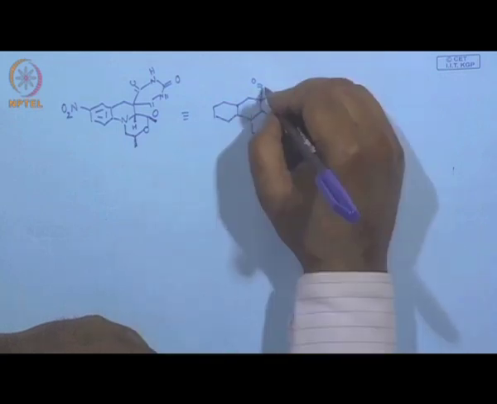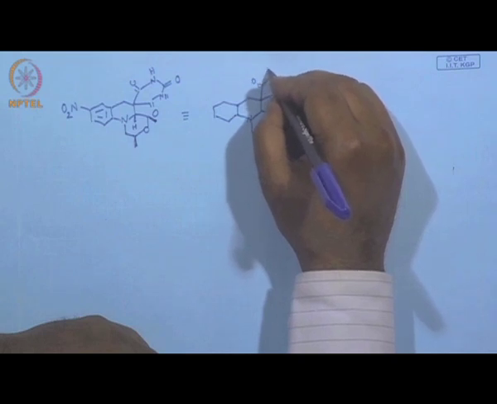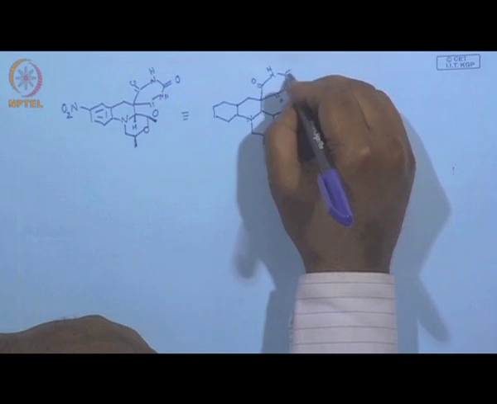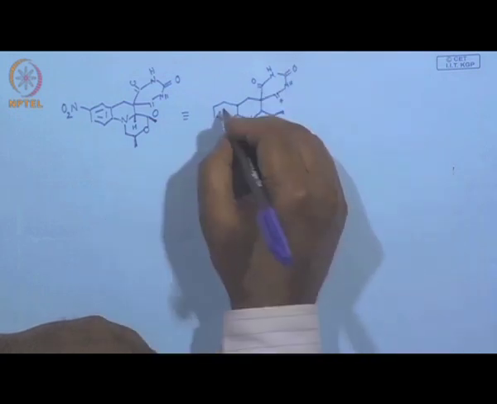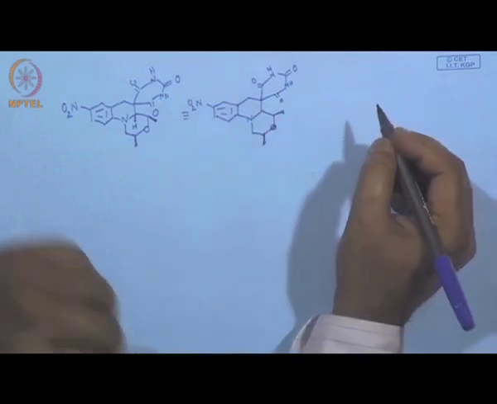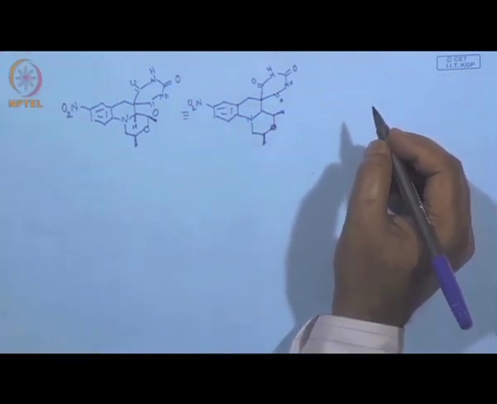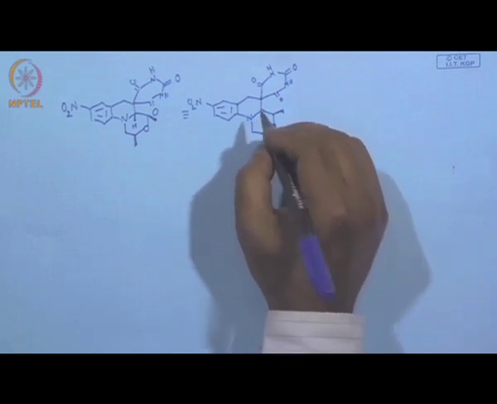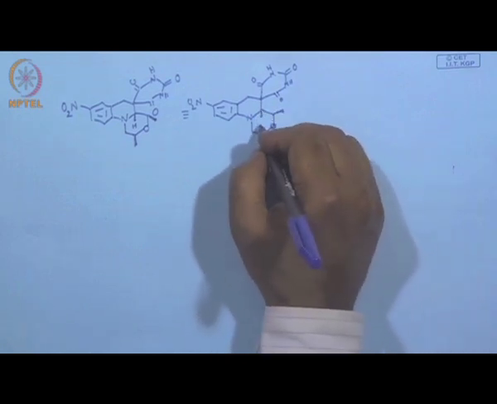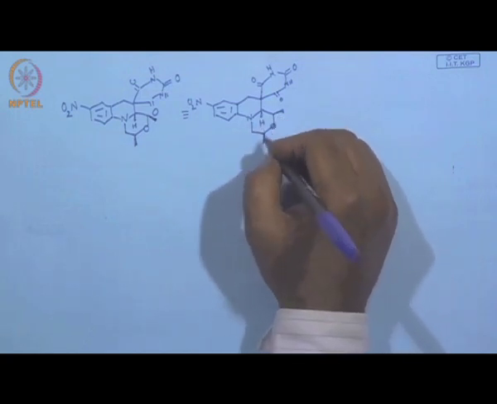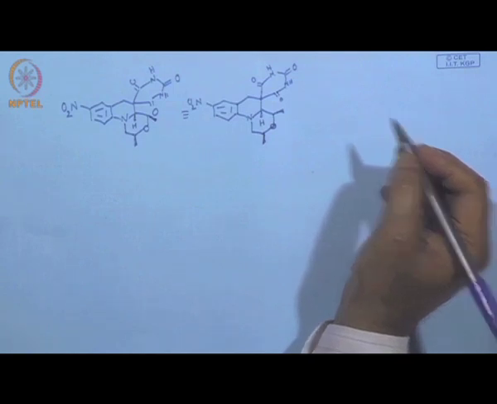So what you see here is a 1,3-dicarbonyl compound, then NH, and then NH here, and then you have a carbon. Okay, and this is a nitro group. During a screening study, this was found to be a very active antibiotic. Okay, and this hydrogen is here, and this methyl group. So all this hydrogen, this methyl, and this methyl are cis to each other.